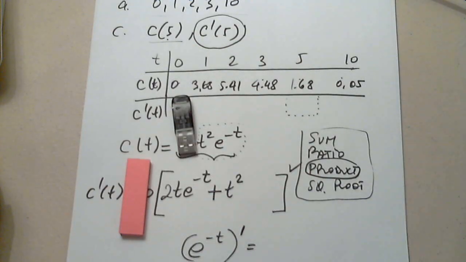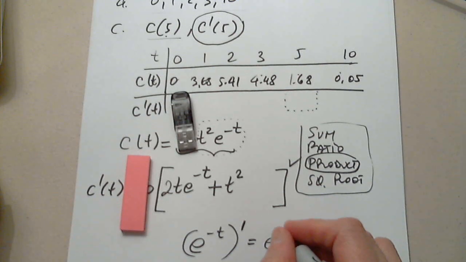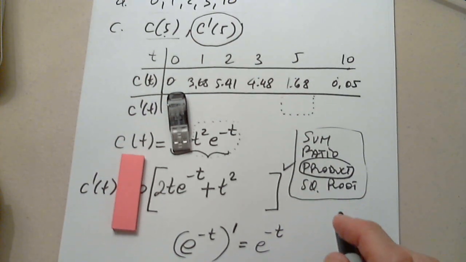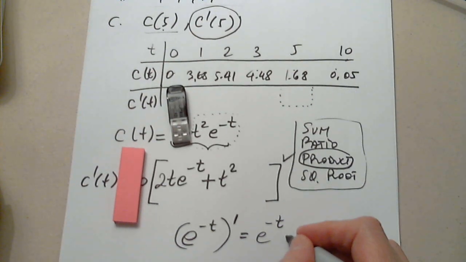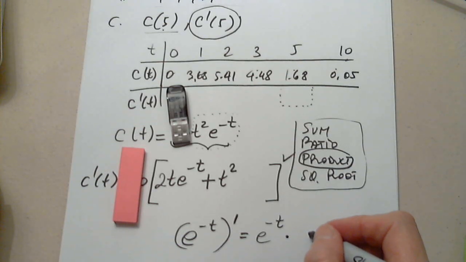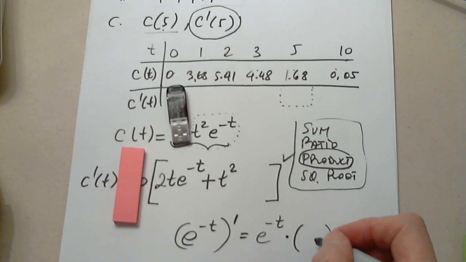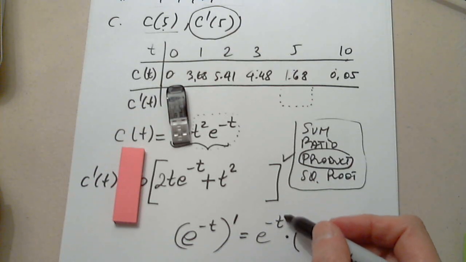E to negative t, times the inner function prime. Because it's not 1. Times the inner function prime.